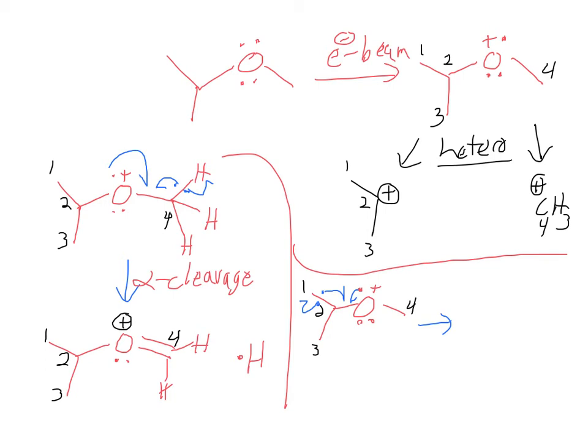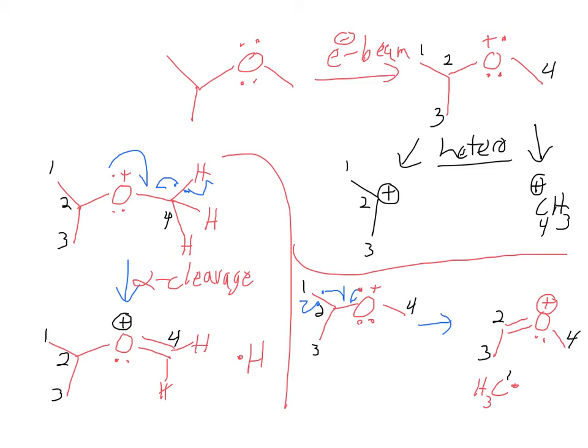So we'd have the plus charge on the oxygen, and we'd have a CH3 with a dot. And the CH3 with a dot is what number carbon? It's carbon number 1, because this is 2, 3, and 4. So we broke the bond between 1 and 2.